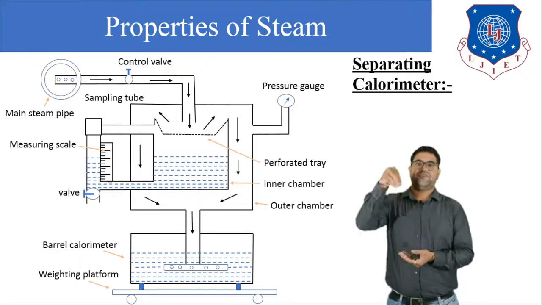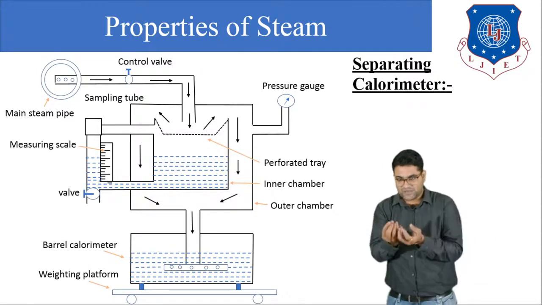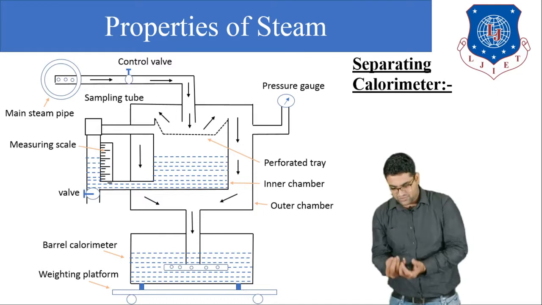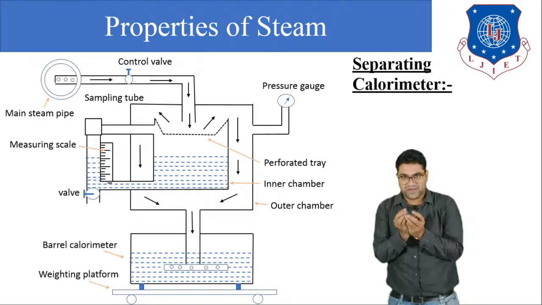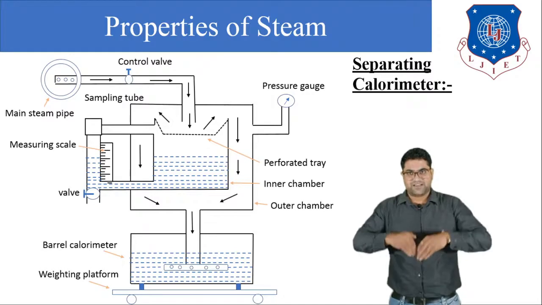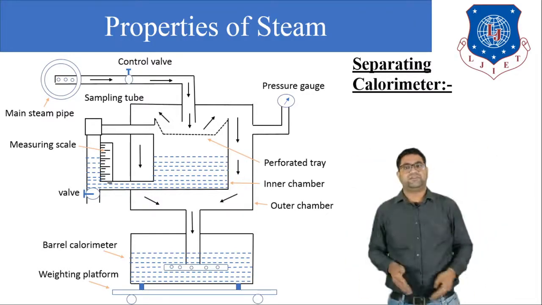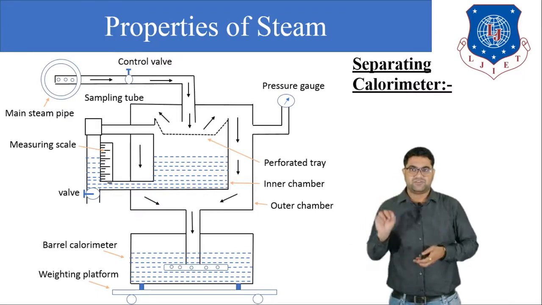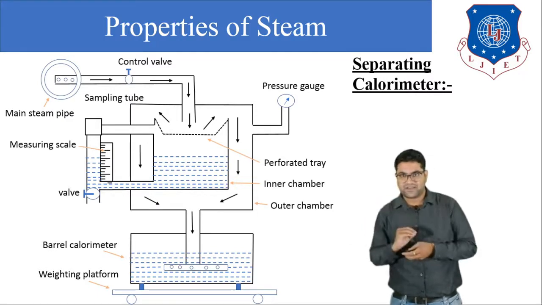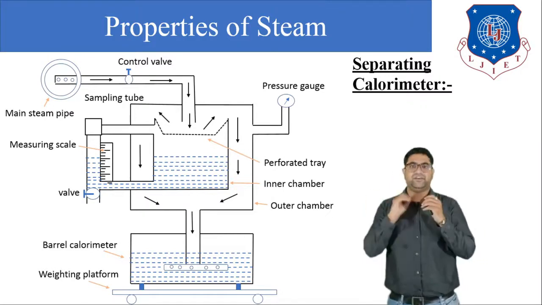So when this wet steam hits the perforated tray, the water particle goes into the inner chamber, and the steam particle, having the lower mass, escapes out from the inner chamber and goes to the surrounding of the inner chamber. This is how the water particle and the steam particle are separated in the perforated tray.